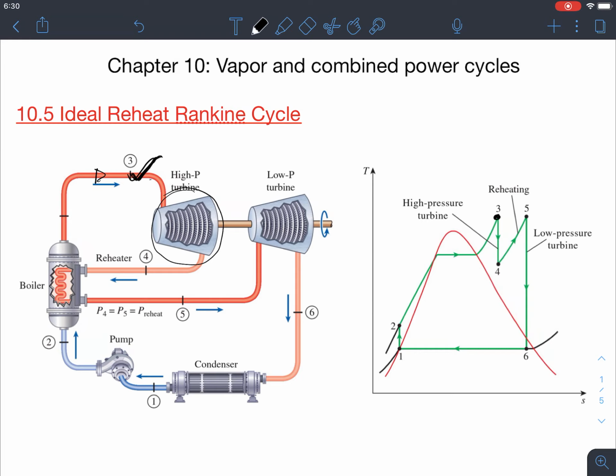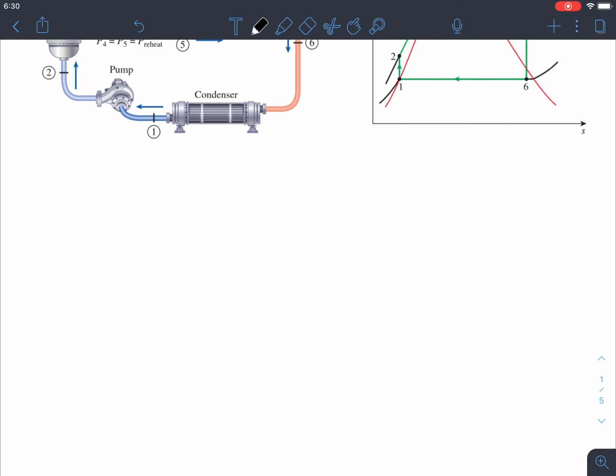However, we cannot increase T3 to an extremely high temperature that will deteriorate the turbine blade. So what can we do then, right? The first thing, to increase the thermal efficiency, number one, we can increase the superheating temperature.